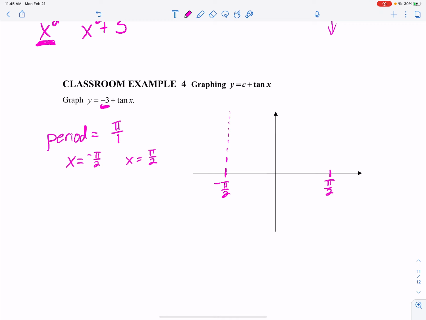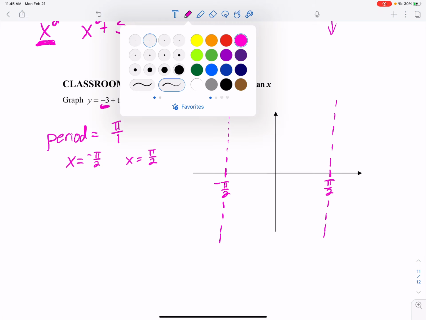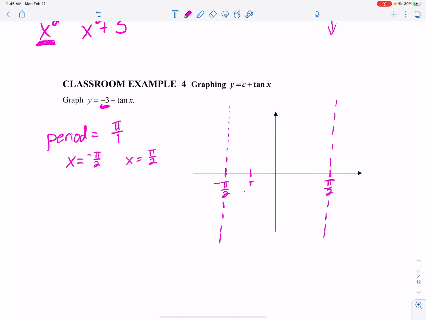My dotted lines for my asymptotes. I know tangent starts right in the middle and then cuts it in half. So I know this is negative pi over 4 and this is pi over 4. How tall is the amplitude? 1.